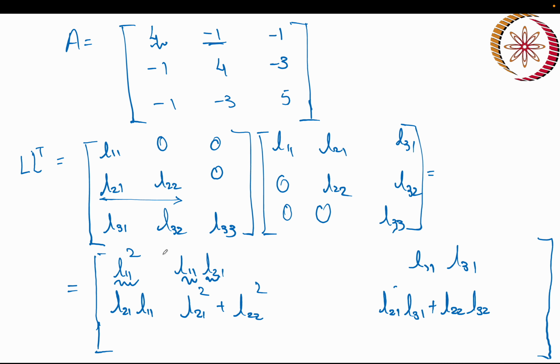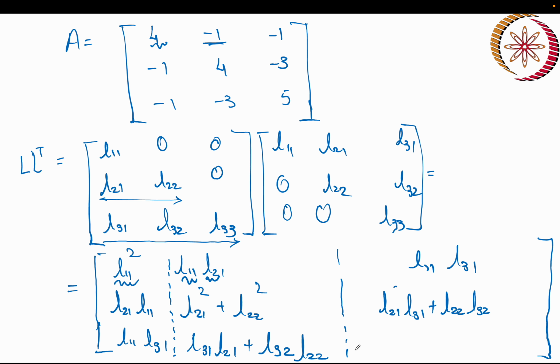Now we'll write the last row by multiplying this way. It will be L31 L11, next L31 L21 plus L32 L22, and the last will be L31 square plus L32 square plus L33 square.